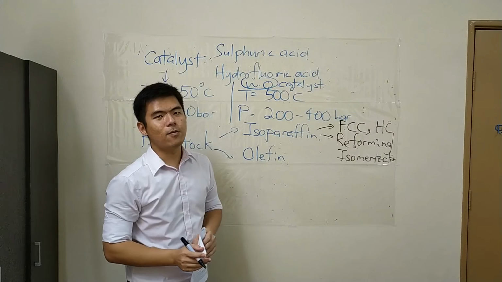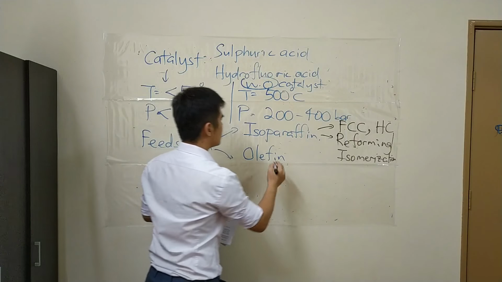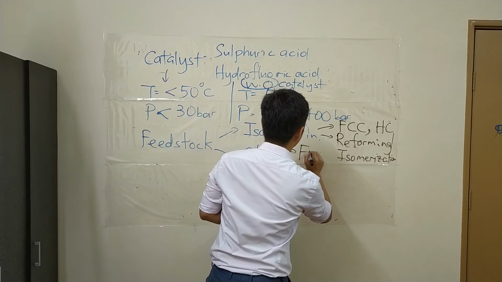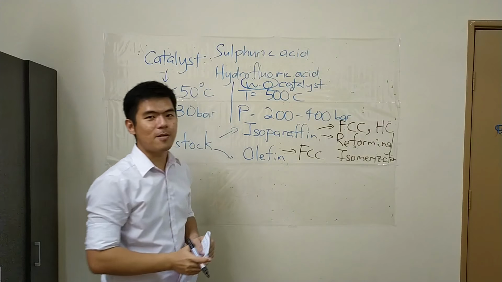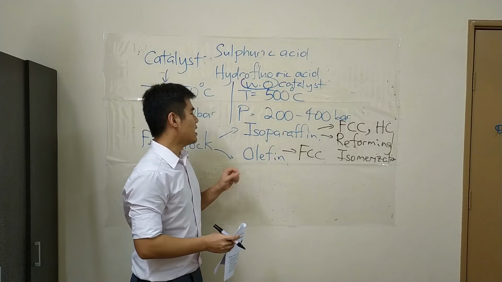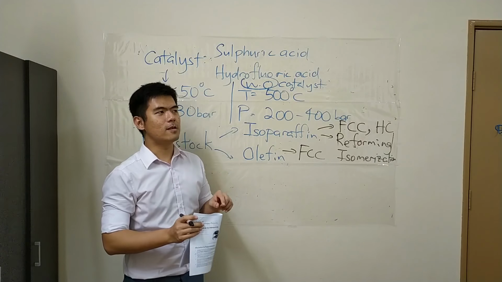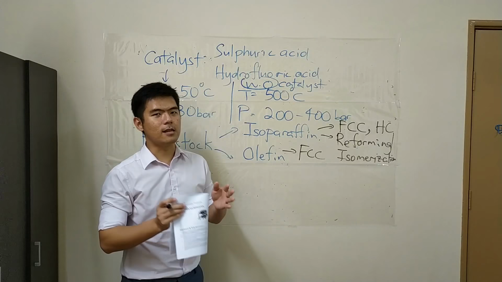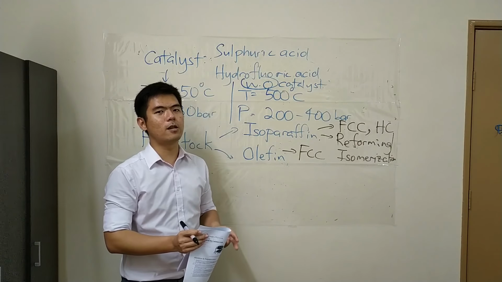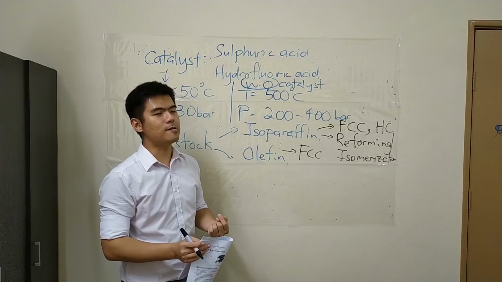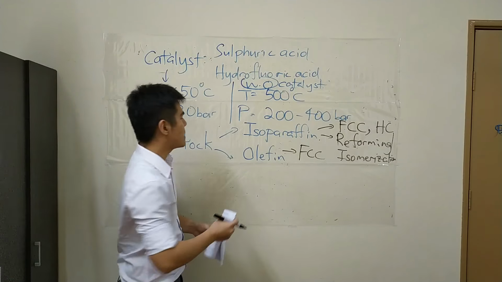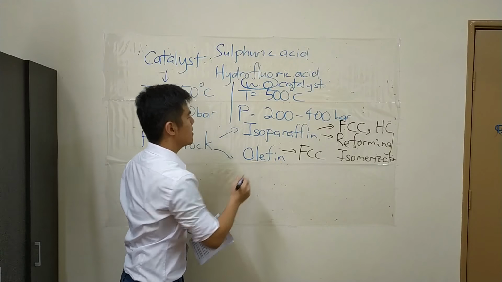For olefins, it will be more specific. Usually, we obtain it from FCC. So do you still remember the function of a fluid catalytic cracker? In the FCC unit, a large hydrocarbon is broken into two smaller compounds, for instance, a smaller paraffin as well as an olefin.